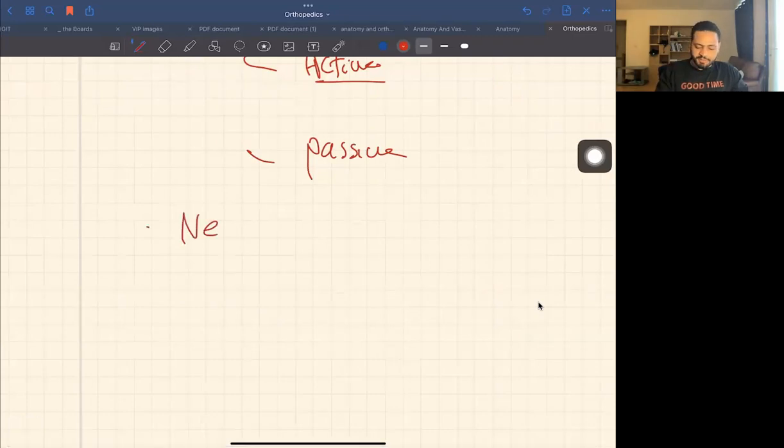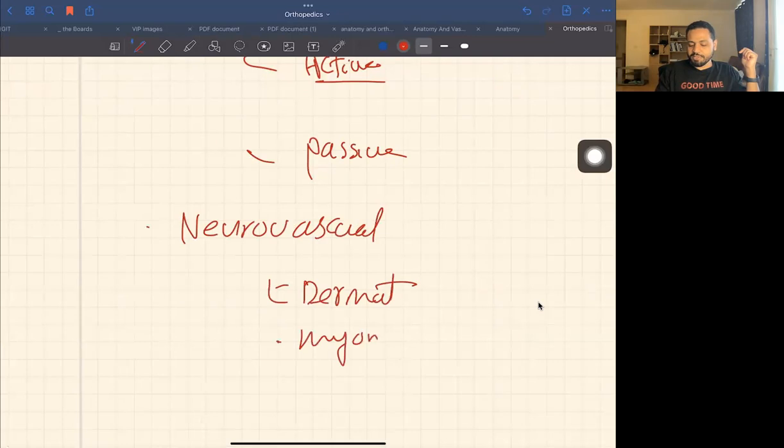And then you do your neurovascular assessment. So basically, you're examining the dermatomes and myotomes that we just mentioned. You're trying to find out if there's any abnormality with the sensation in this area, and also the myotomes, which is the muscular nerve supply. And finally, in your assessment, you check the pulse. You're trying to see if there is any arterial injury.